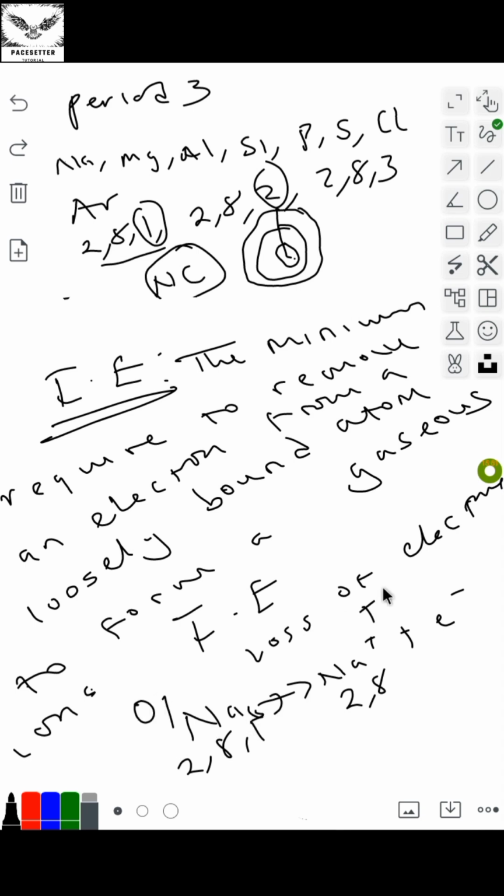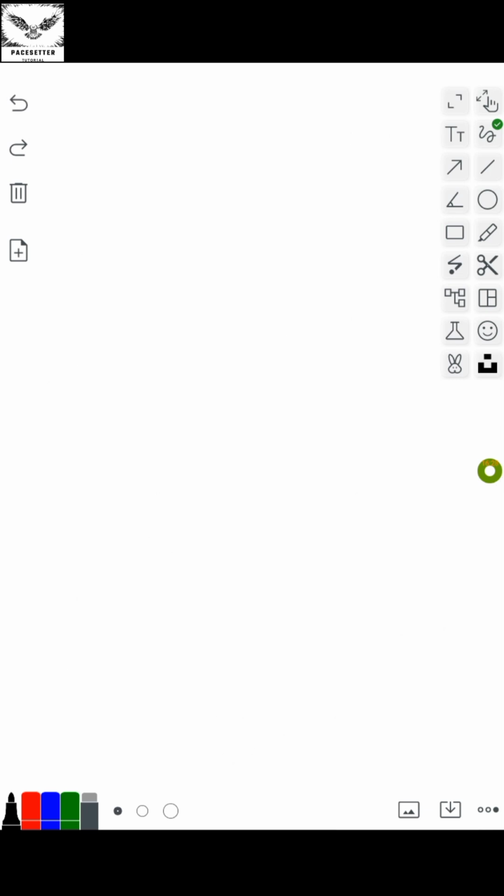What is it here? +1. So what has happened to sodium is that the oxidation number increases from 0 to 1, and that's what we call oxidation. Increase in oxidation number is oxidation, which is also known as loss of electron. So this is what we call ionization energy, that loss of electron.